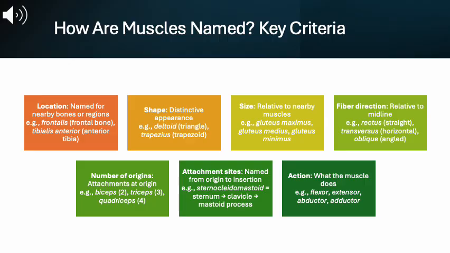Number of origins, biceps equals 2 heads, triceps equals 3. Location of attachments, sternocleidomastoid attaches to sternum, clavicle, and mastoid process. Or action, flexor, extensor, adductor. Once you know these categories, identifying an unfamiliar muscle becomes like reading a short description of its anatomy and function.